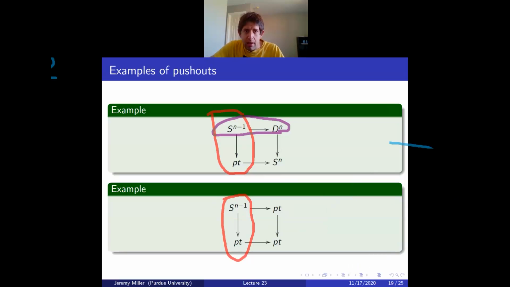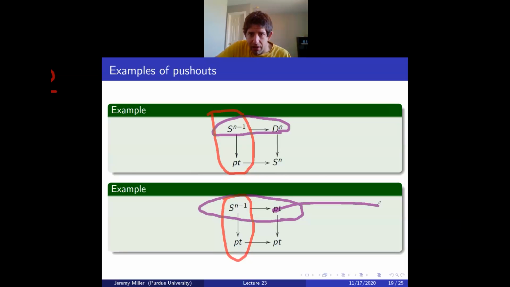But let's say we go back to purple. As I said, a cofibration is some homotopical version of being injective. So this map is injective, but the map from S^(n-1) to a point isn't injective.